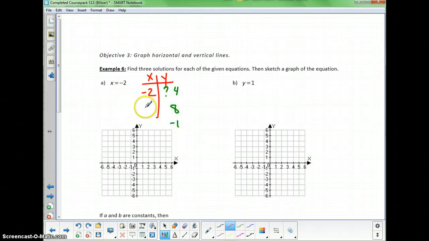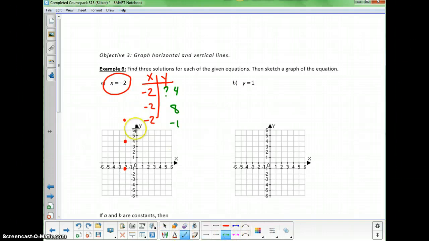The only thing that matters is that x remains negative 2. That's my equation. So any of these points with x equals negative 2, whether they have a y value of 4, 8, or negative 1, they're all true. So this equation is going to turn out looking like a vertical line through negative 2.